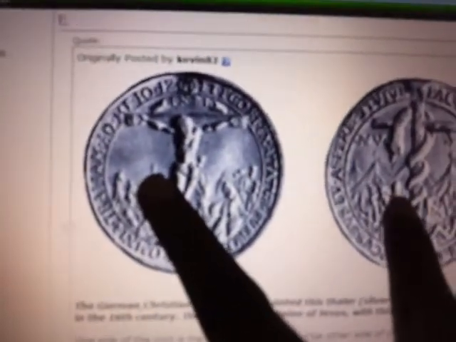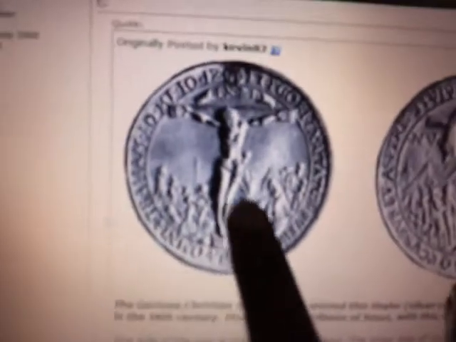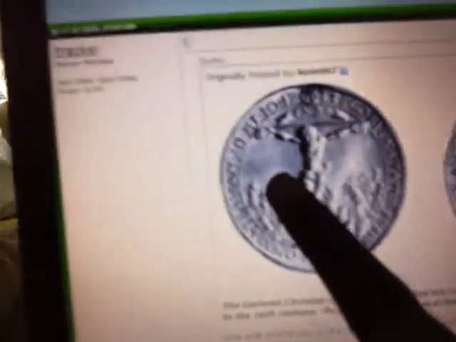It is not long stringy hair. This is a woolly hair depiction. So on this thaller coin, it's depicting not only biblical reference to the ancient Israelites, but also the Lord Yahawashi himself.